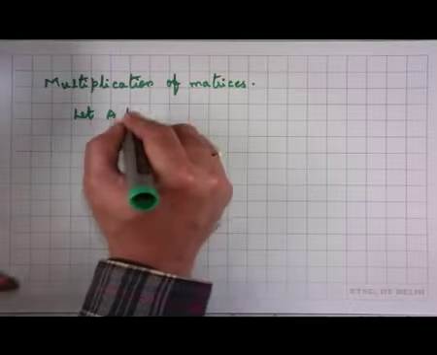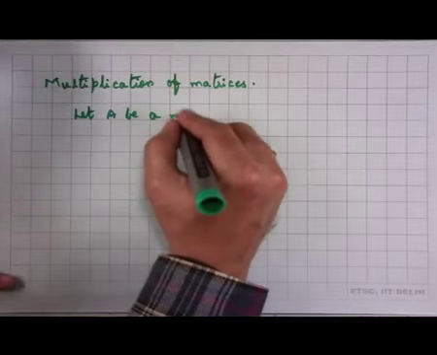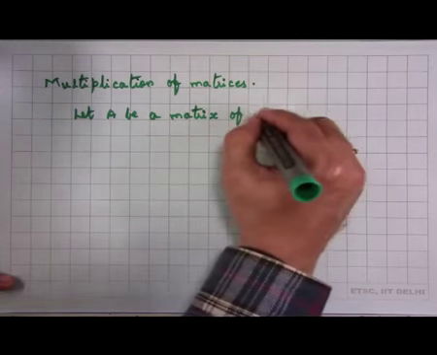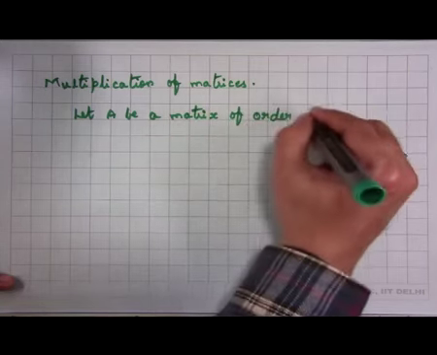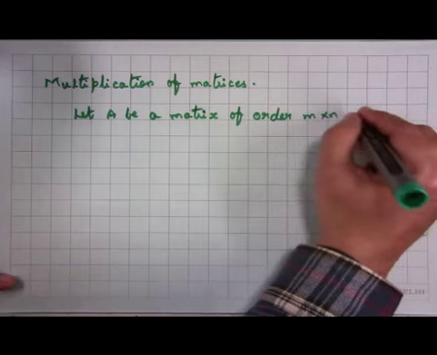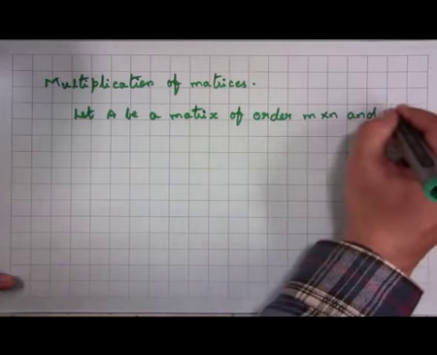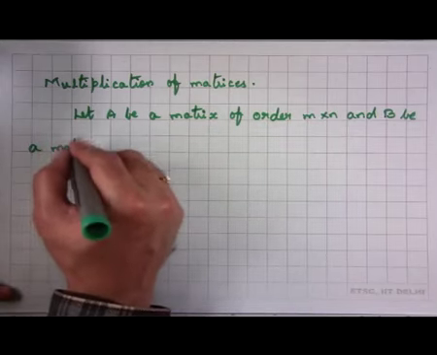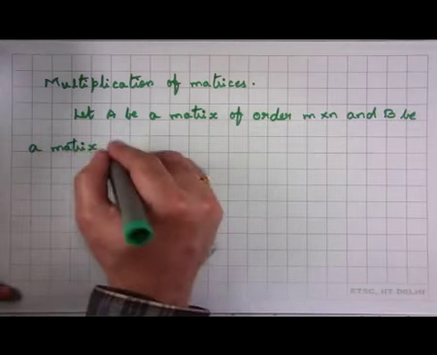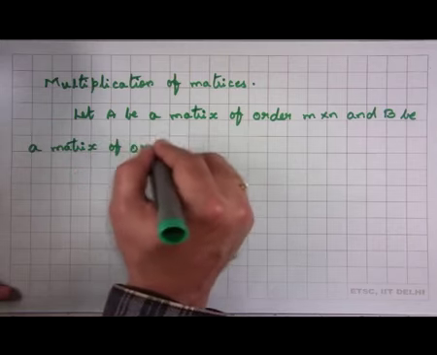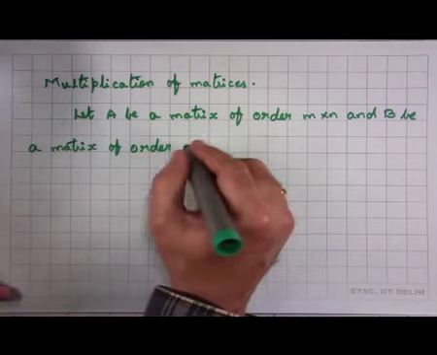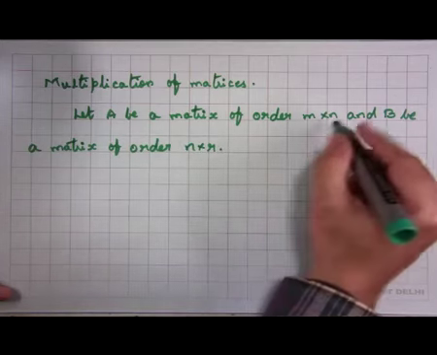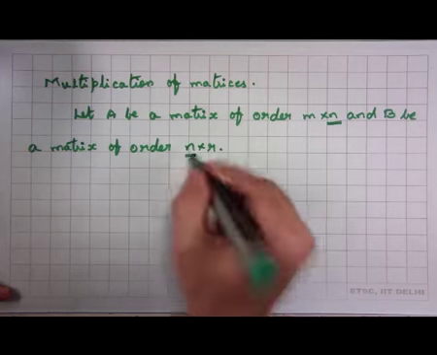Let A be a matrix of order m by n and B be a matrix of order n by r, right. So, this n and this n.